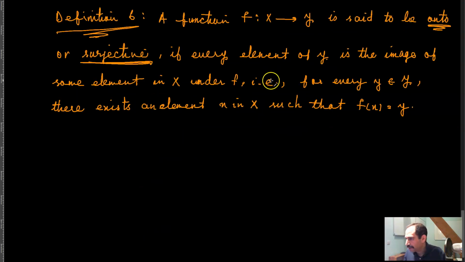And so you can say that the functions f3 and f4 are onto, and the function f1 is not onto.